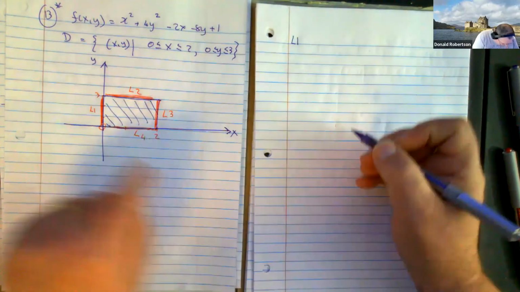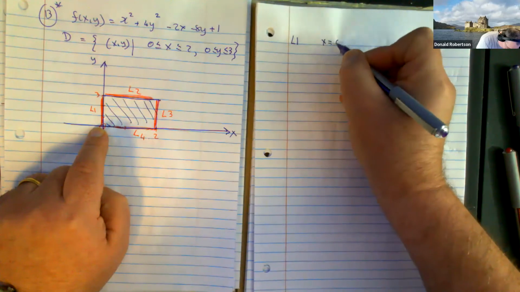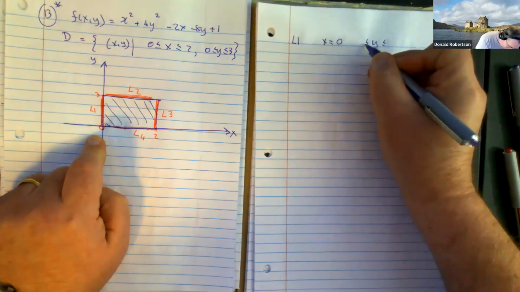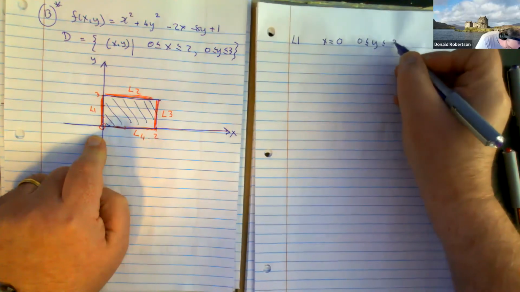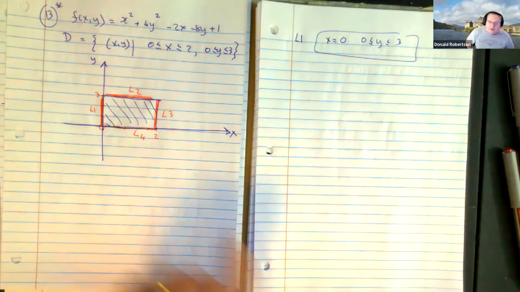So line L1, which is this line, has the features that x is 0 and that y only takes values from 0 to 3. So that's how I would describe L1.